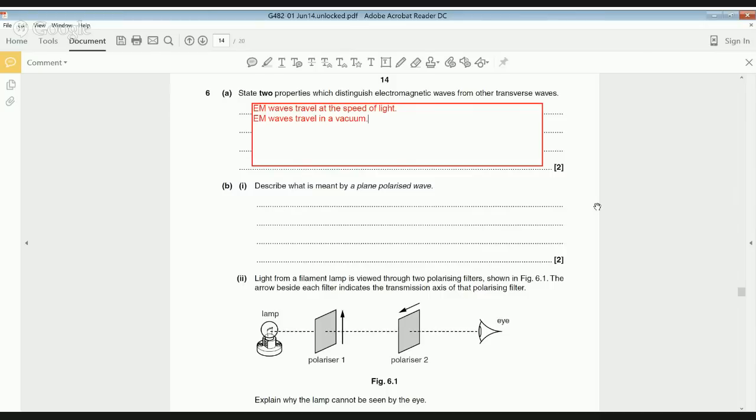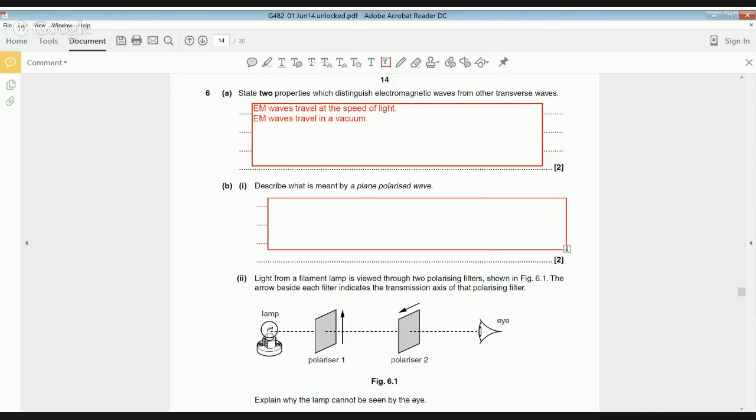Part E part I, describe what is meant by a plane polarized wave. There's a couple of marks here, so it requires perhaps a bit more detail than a simple definition. So it's worth saying that the oscillations of the wave are in one plane only.